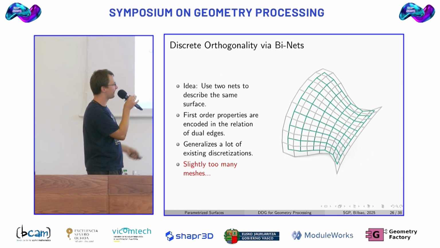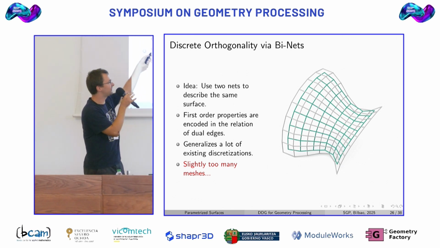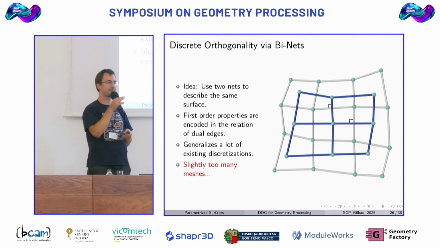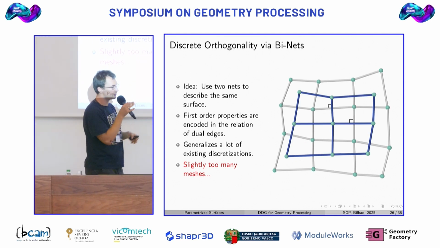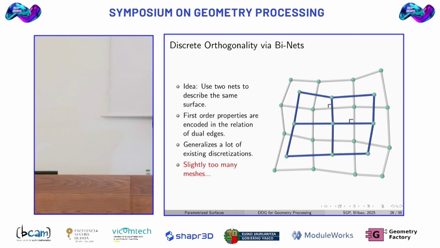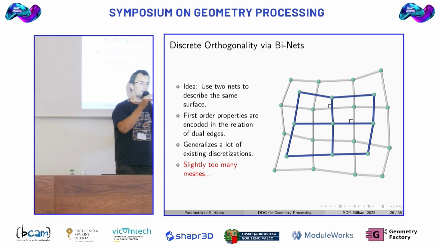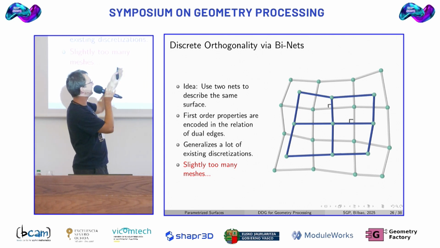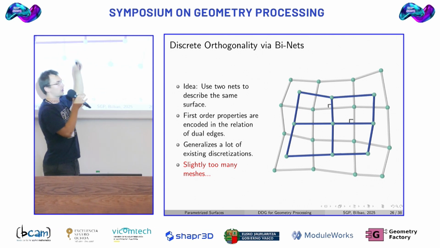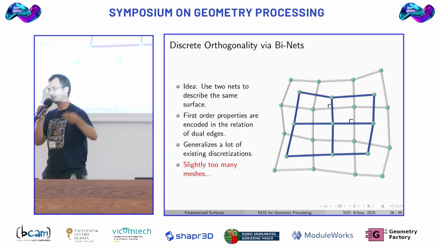And then you can say that the first order properties are encoded by the corresponding edges. So those 2 meshes are combinatorially dual. For every face of one mesh, you have a vertex of the other, and vice versa. And for every edge, you have a dual edge of the other mesh.